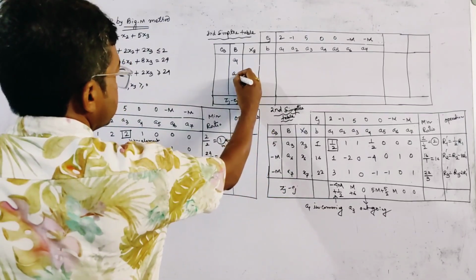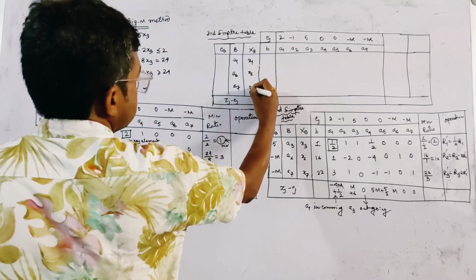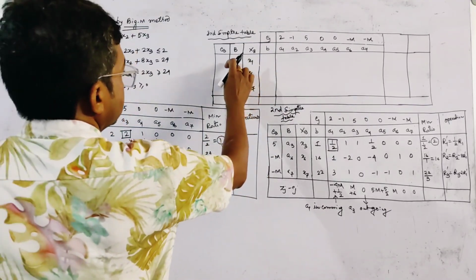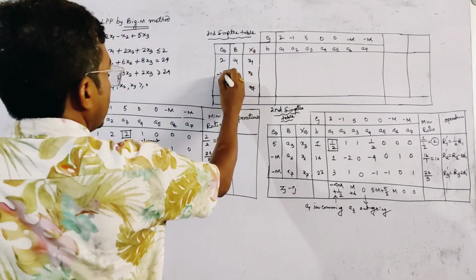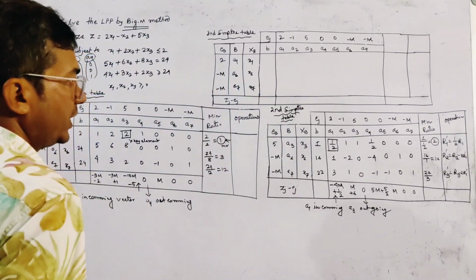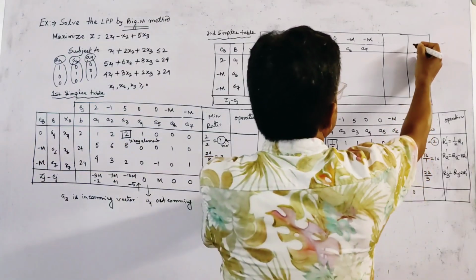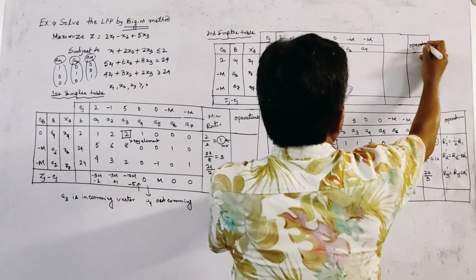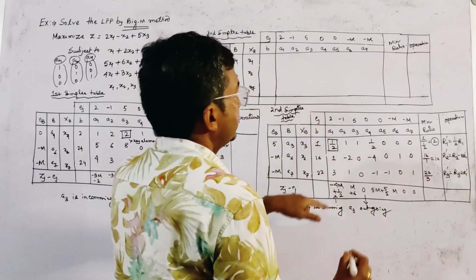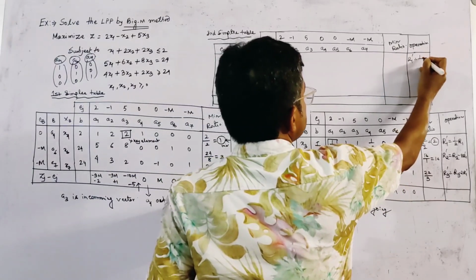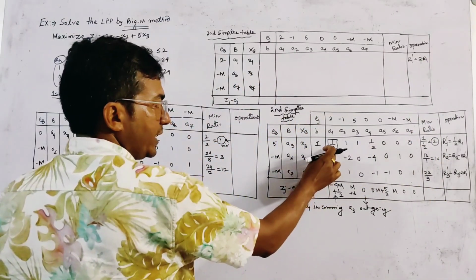These are the same, A6, A7. The corresponding variables are x1, x6, x7, and the cost coefficient corresponding to A1 is 2, and these are minus M. And since this is the key element, here are the operations and this is the min ratio. The operation is given by R1 dash, this is 2 into R1, because we have to make it 1.